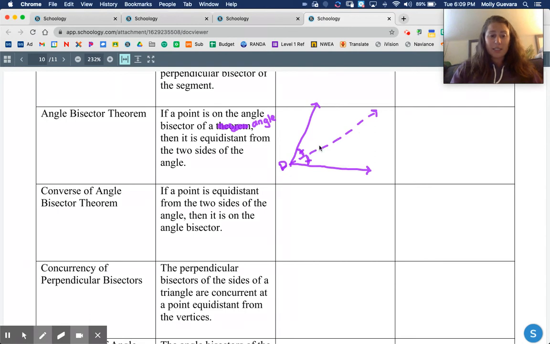So what this tells us now is any point along this line, and let's just call this, I don't like it there, let's call it right here.